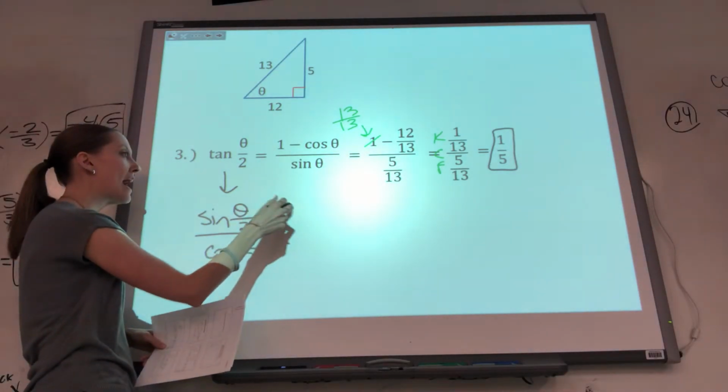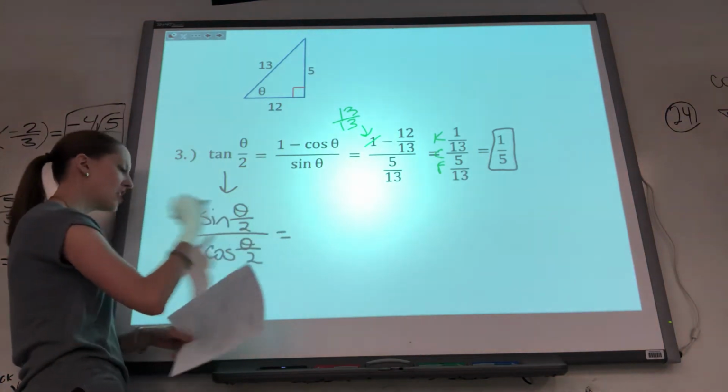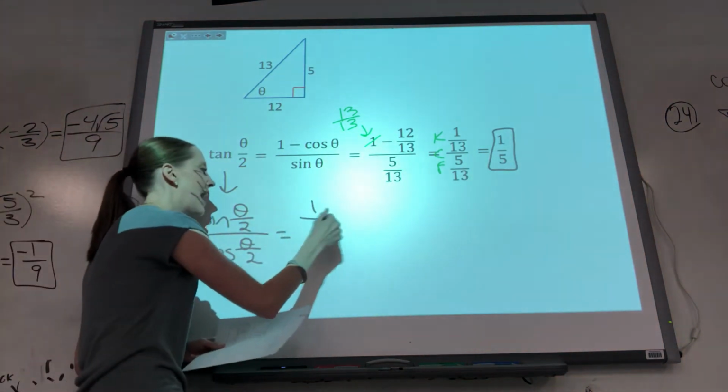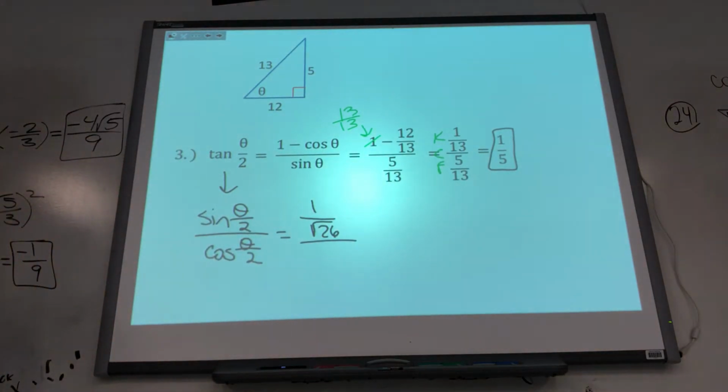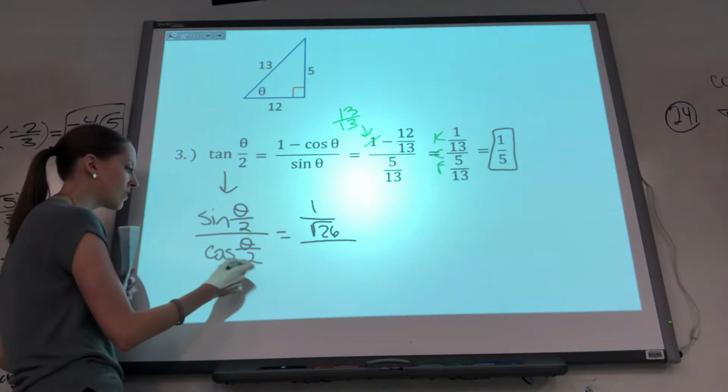You can put that here and that is just fine. However, I kind of like to use it the way it was before it was rationalized. It just seems like it works out a little bit nicer. It's a little bit easier to cross stuff out.